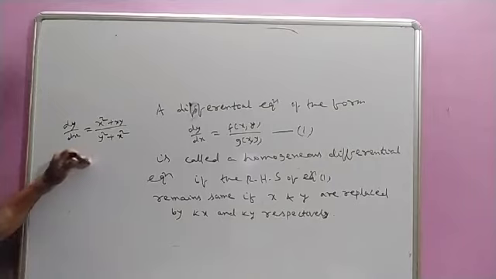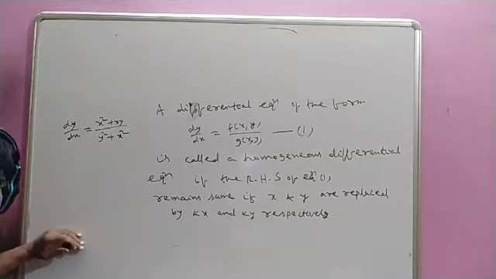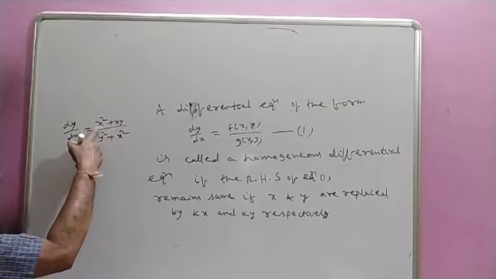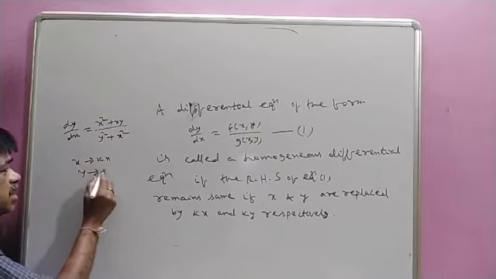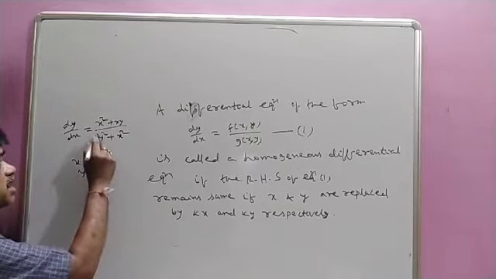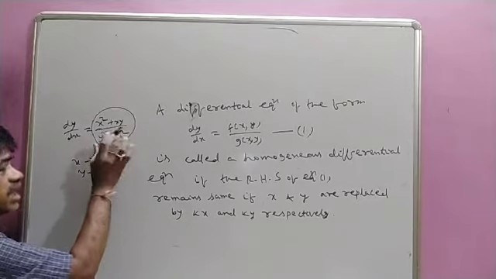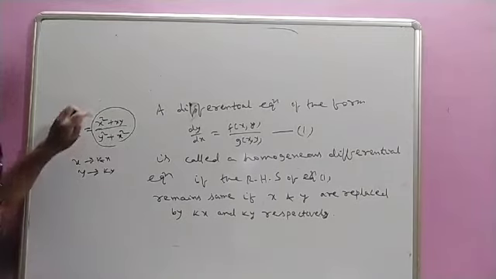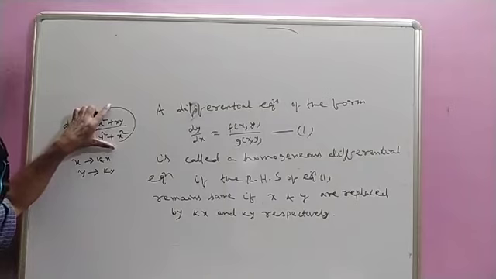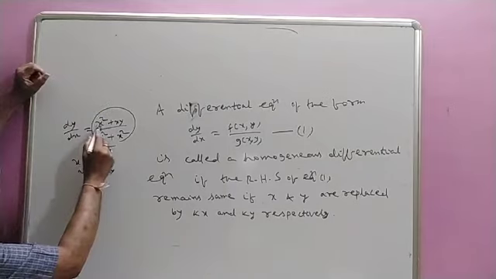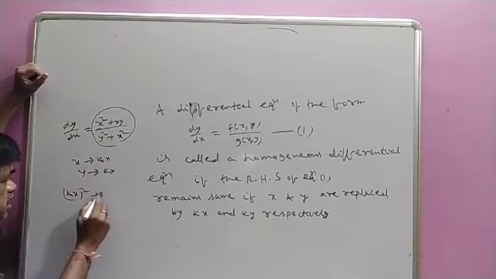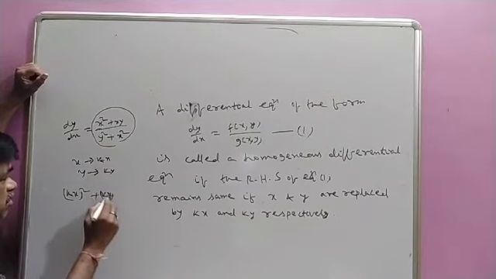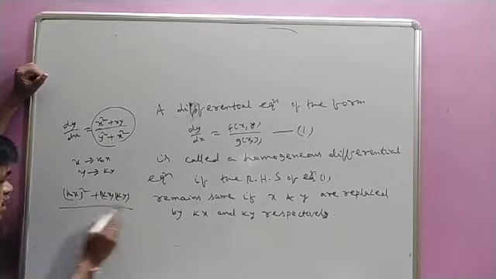Now whether it is a homogeneous differential equation or not, how can you know? You replace x as kx and y as ky on the right hand side. If the right hand side remains same as before, then you conclude that it is a homogeneous differential equation.